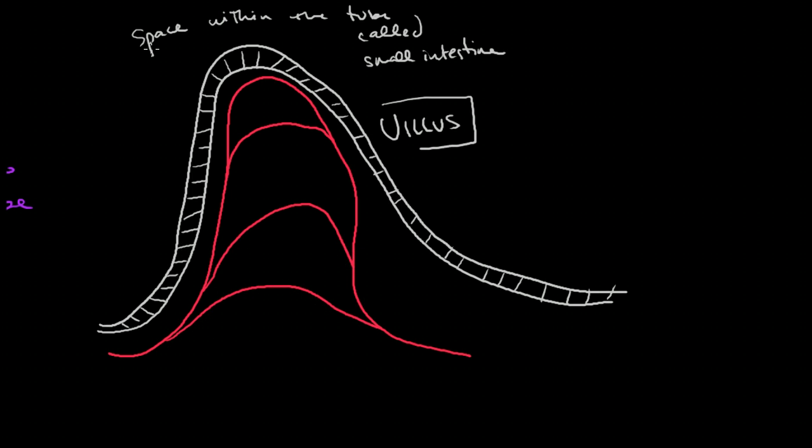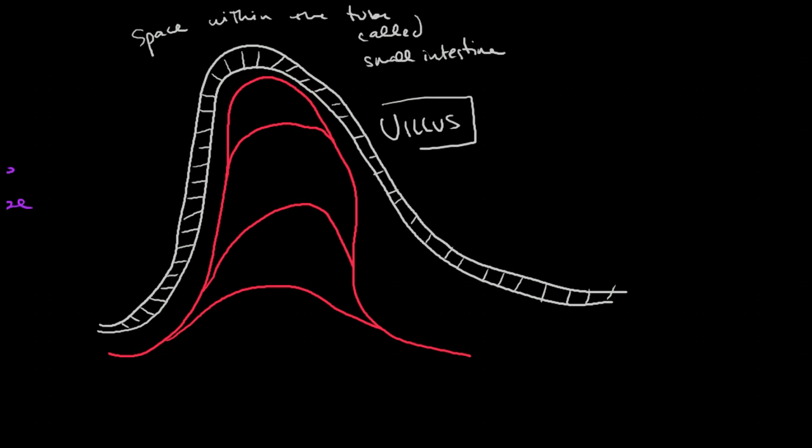So that as food passes through the small intestine, monomers that have been digested can diffuse across the single cell membrane into the bloodstream.